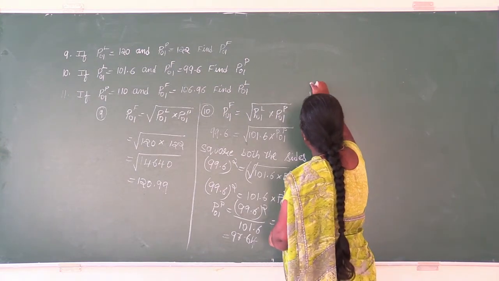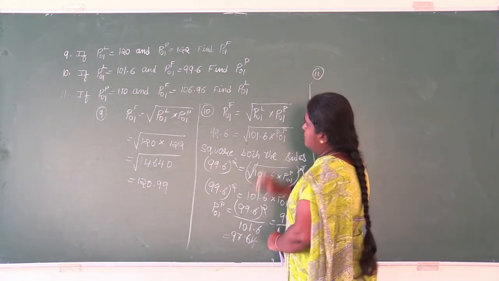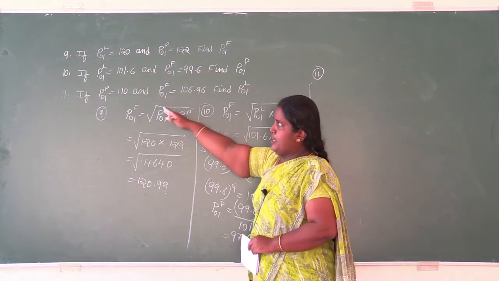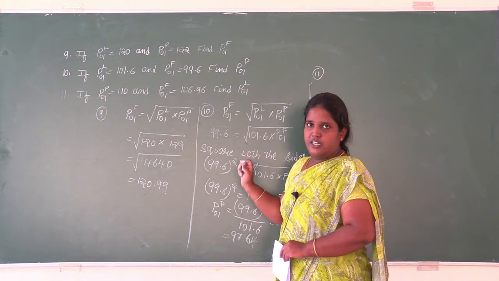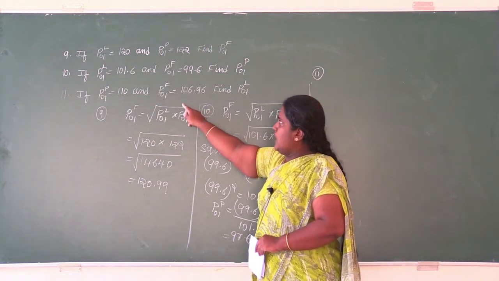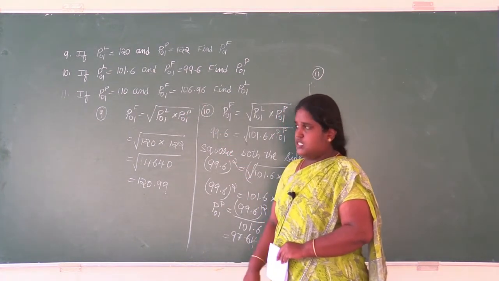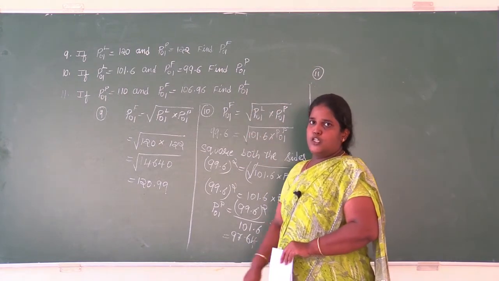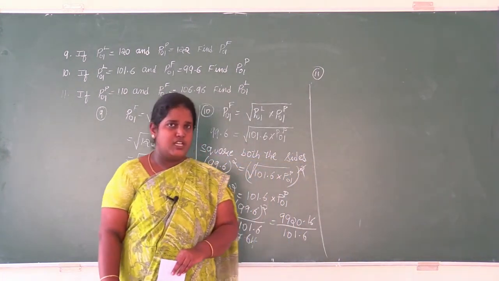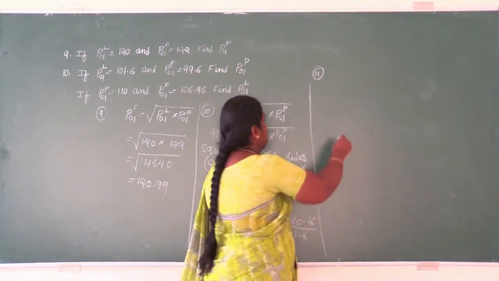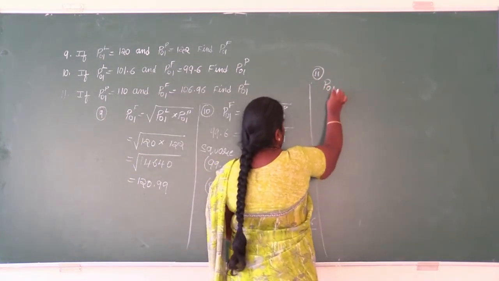Then the third one. So here P01P and P01F are given. So P01P value is 110. P01F is 106.96. Find P01L. Again, Laspeyres, Paasche and Fisher's price index is used. So we have to use the geometric mean.